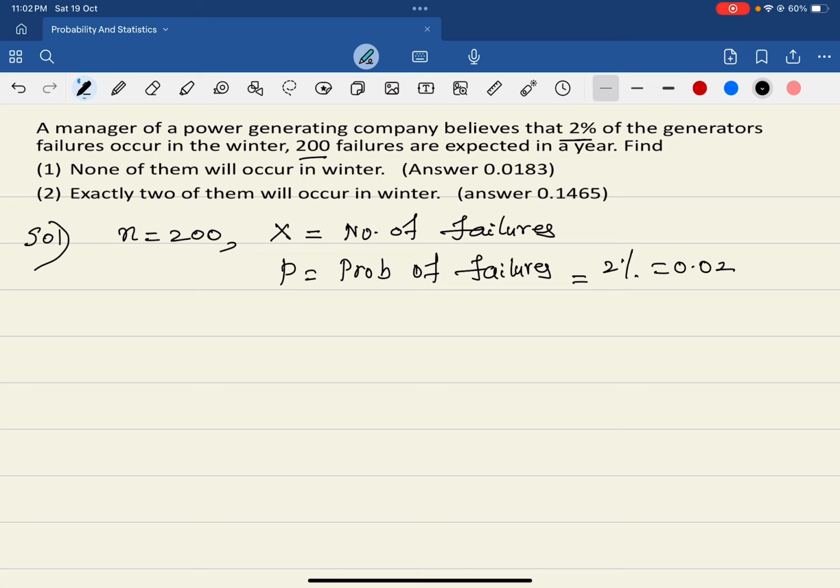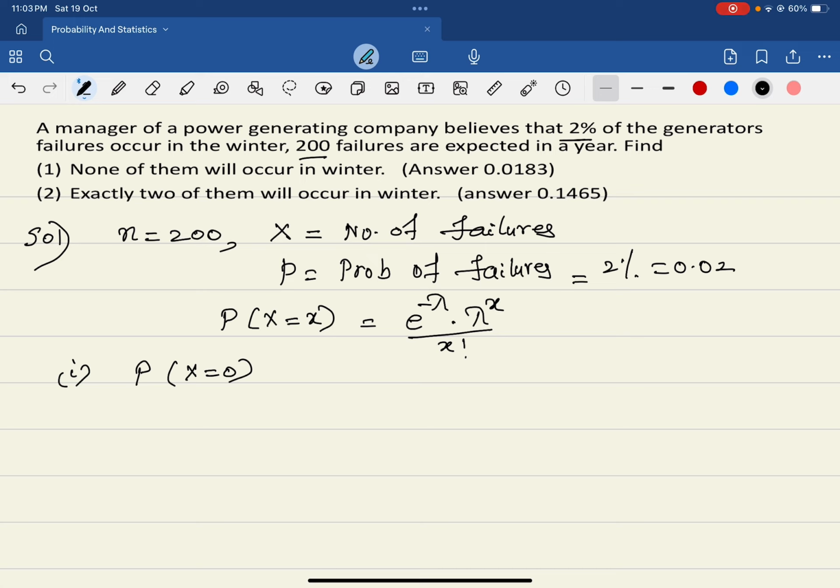For finding that, the first question asked is P of x equal to 0. The probability distribution function for the Poisson distribution is P of x equal to e power minus lambda into lambda power x over x factorial. So this is the problem.